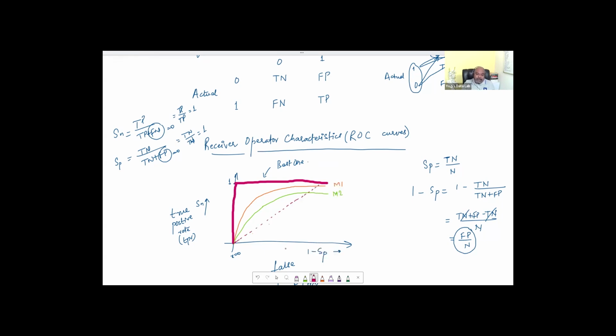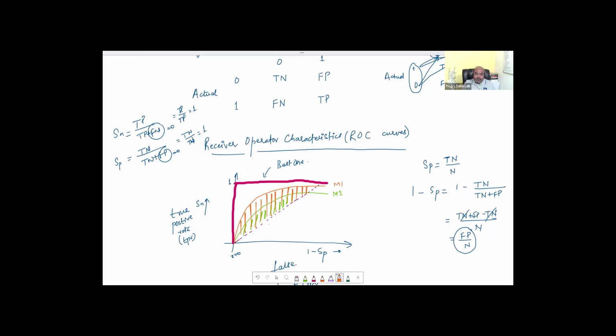The area enclosed by the green curve and the dotted line is less than the area enclosed by the orange curve and the dotted line.